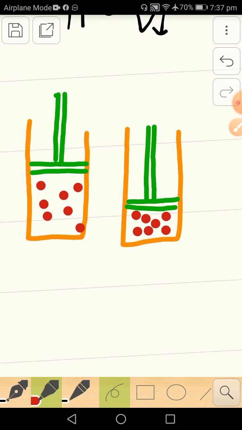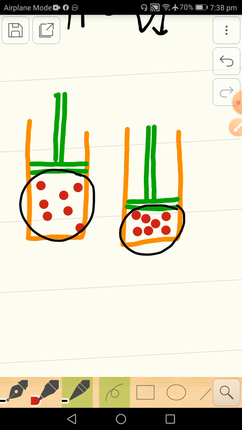Now, tell me where the particles are closer, in the first state or in the second state? Here we are applying a pressure. So, in the second state the particles are closer, isn't it? So, there is a greater chance of collision, and there will be a greater number of collisions between the particles per unit time.